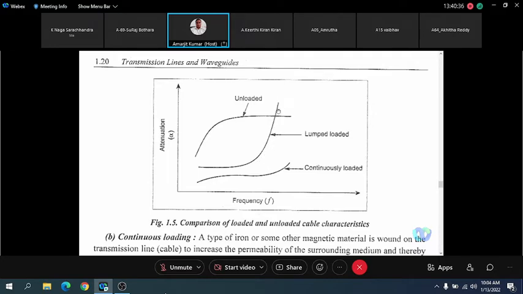So it is acting as a low pass filter. Low frequency signal will pass, high frequency signal will be attenuated.